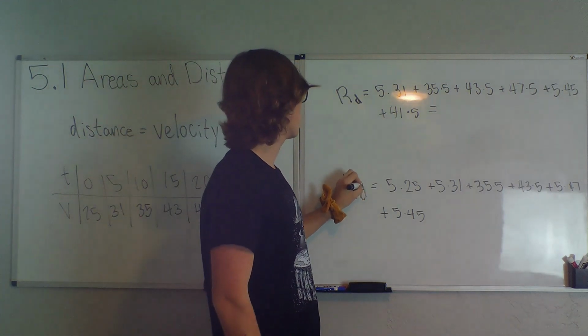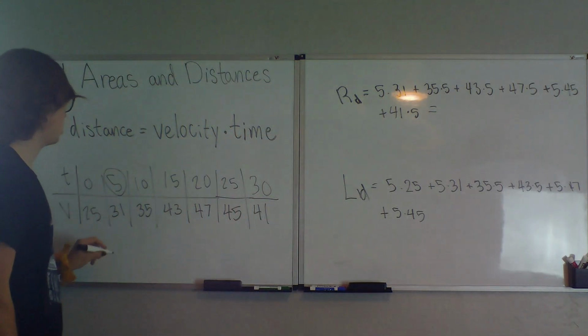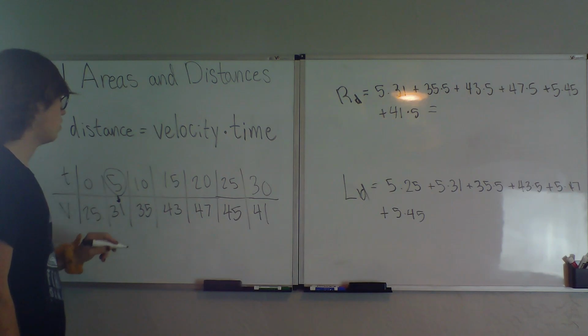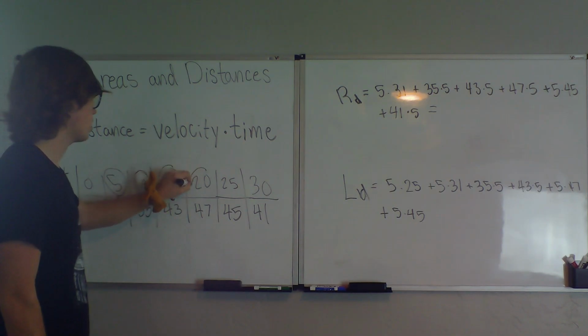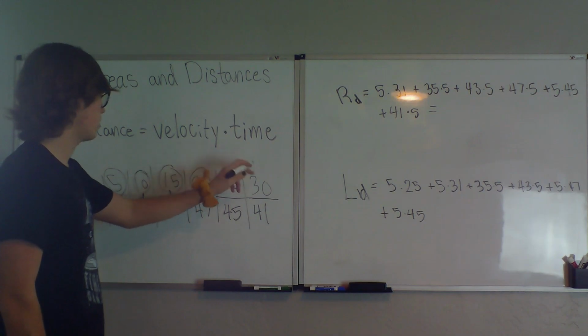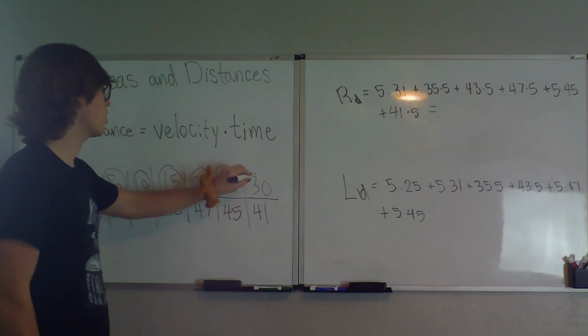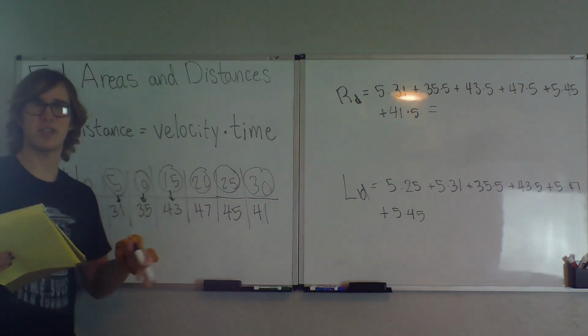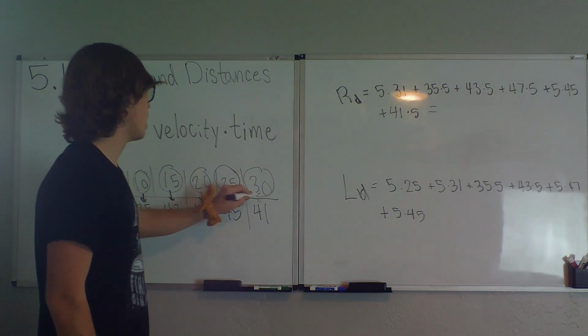We just take this number, multiply it by that, and count up all our areas. Because there are 1, 2, 3, 4, 5, 6, 7 times taken, so we're going to have 6 calculations in each one, and we multiply it.